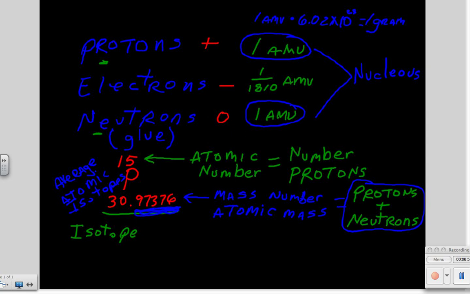For example, I'm looking at the element bromine.